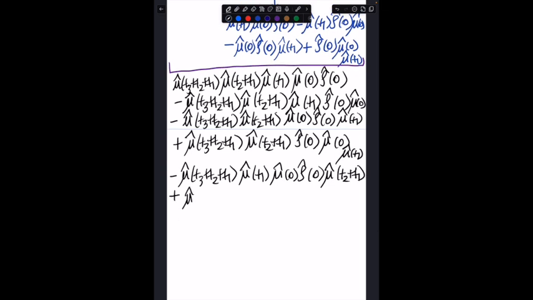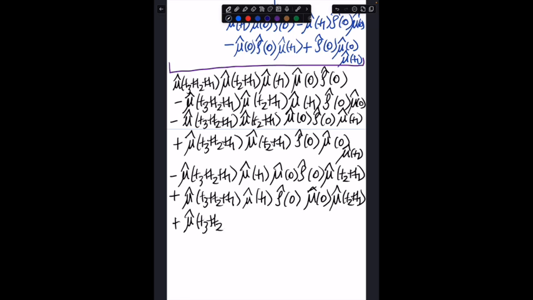Then you get mu t3 plus t2 plus t1, mu t1, rho 0, mu 0, and then mu t2 plus t1. Then you get another positive, mu t3 plus t2 plus t1, mu 0, rho 0, mu t1, and then mu t2 plus t1 acting from the right hand side.